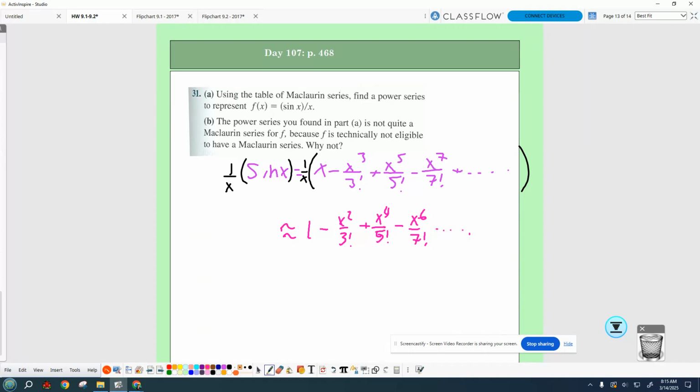I hate that they can just do that. So they're basically saying, just ignore the fact that... well, they're not saying ignore the fact, they're saying you can't technically do it. For part B it says it's not quite eligible.